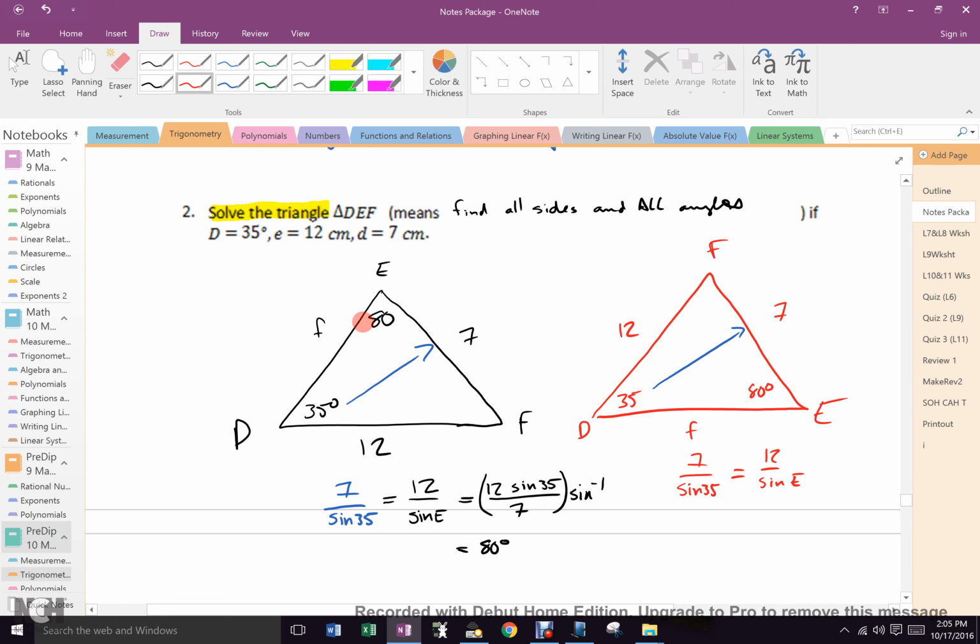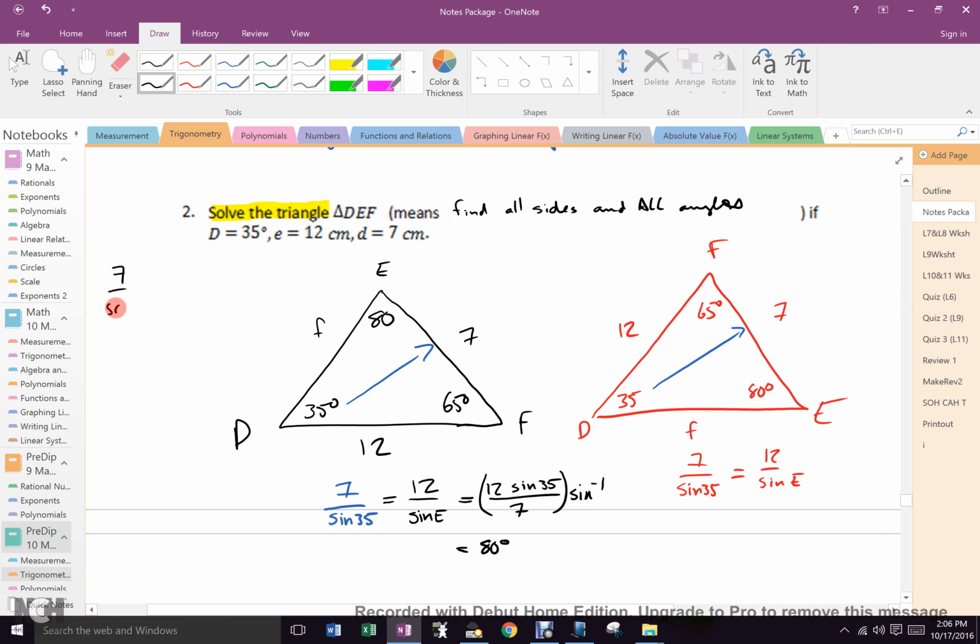Once you know 80 and 35, that's 115, right? So what's our last angle? 65 and 65. Now I have a pair, and I can work with sine F and 65, or sine 65 and F. Everyone cool?